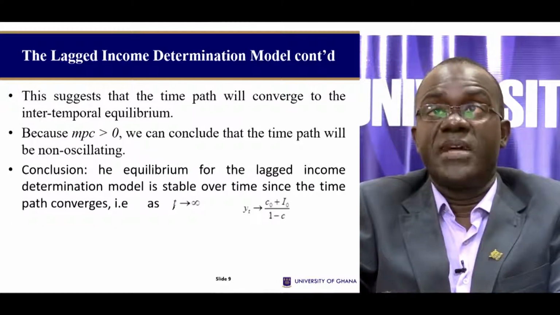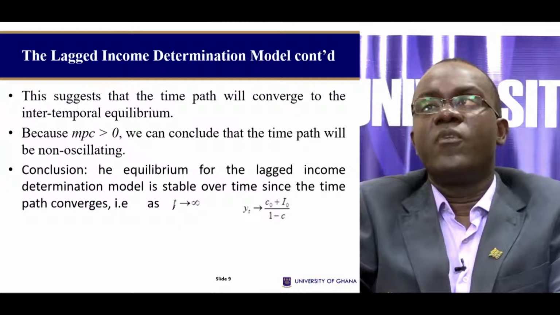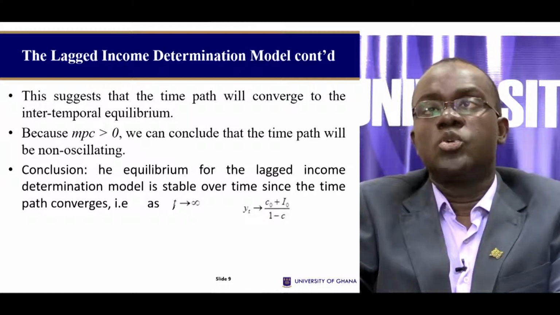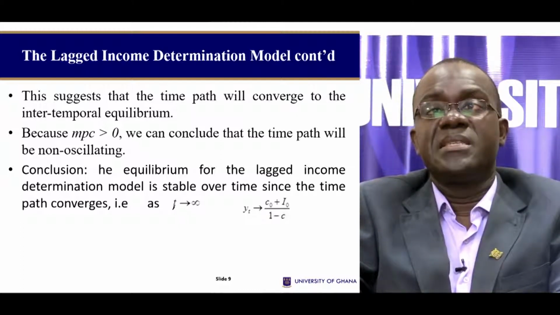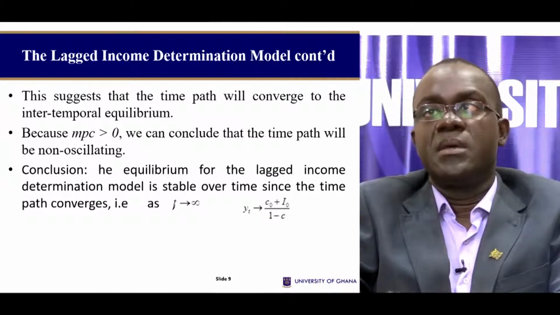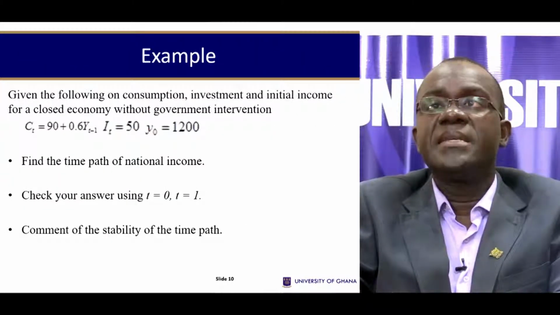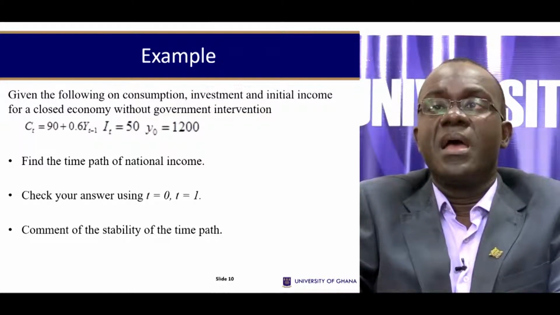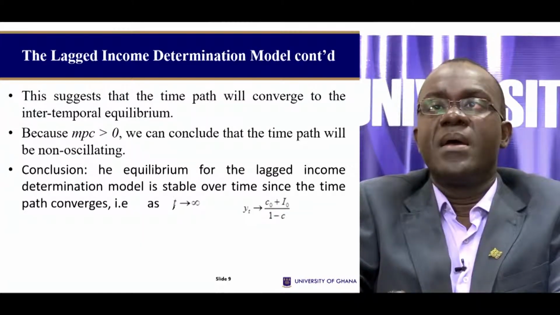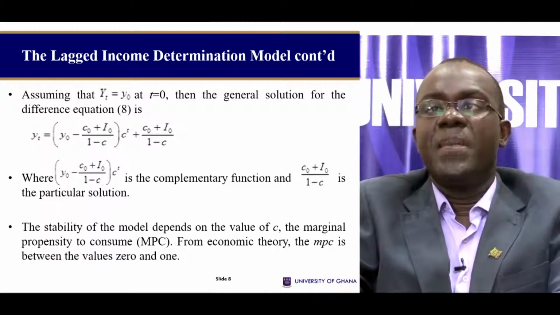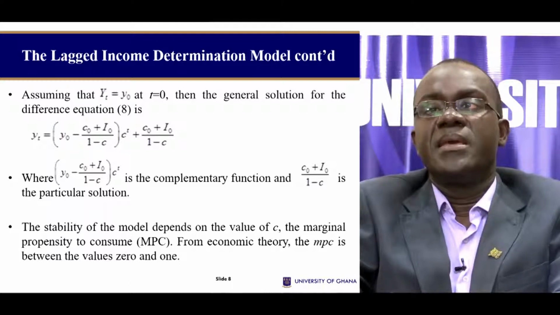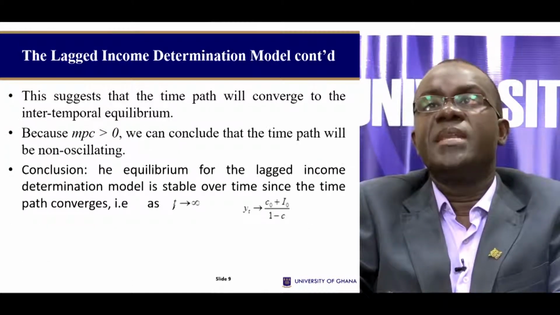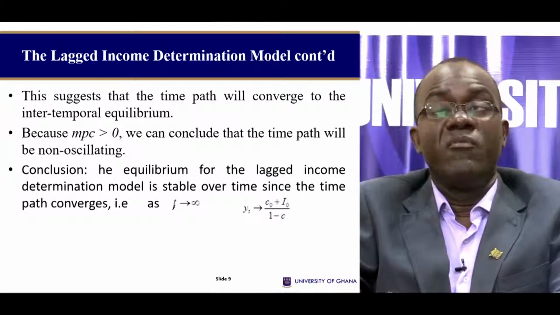Since it is greater than 0, a positive number, our function will not oscillate. And since our marginal propensity to consume is less than 1, there will be convergence.